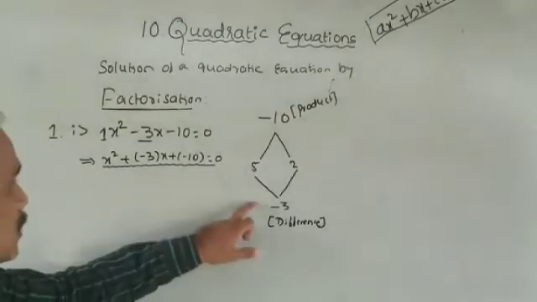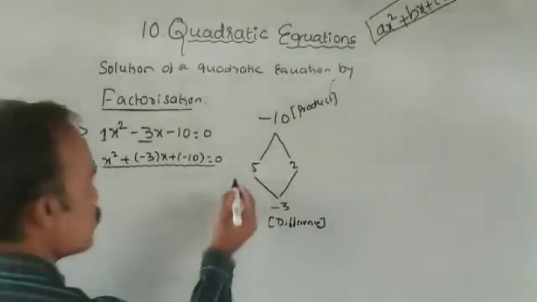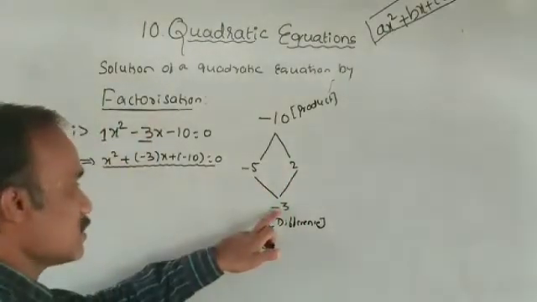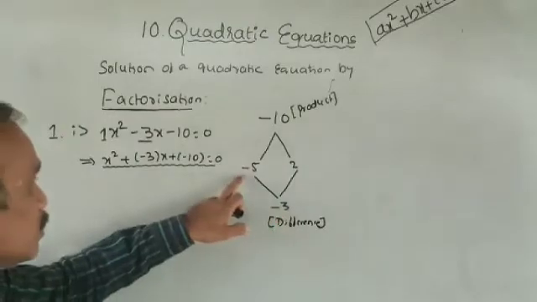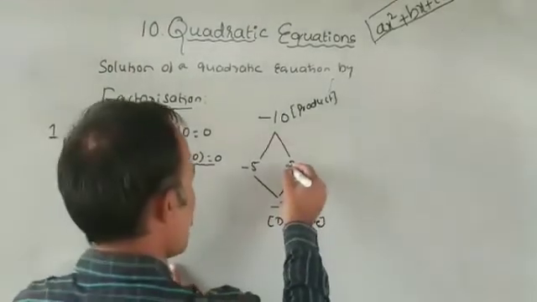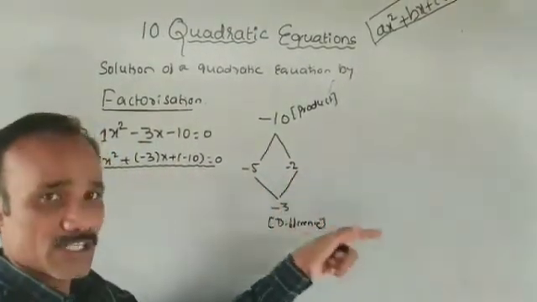Next, very important thing: you see the difference here. What is the sign here? Minus. This sign you should compulsorily give to the greater number. What we need is minus 3. If both are minus, we cannot get minus 3, because minus 5 minus 2 is minus 7.